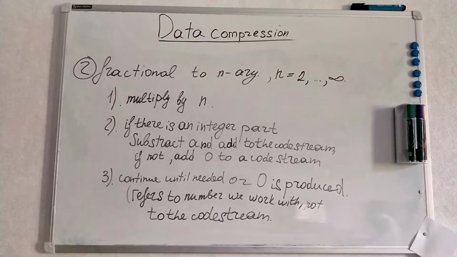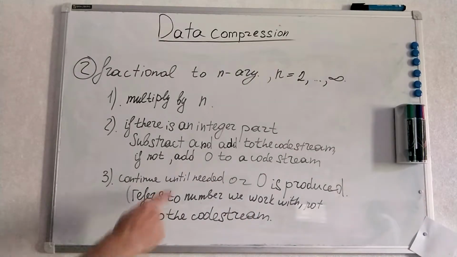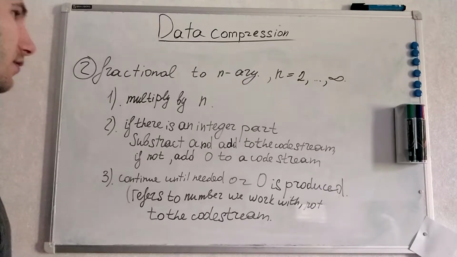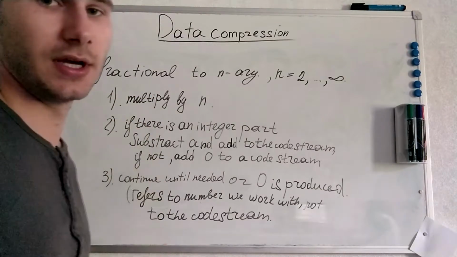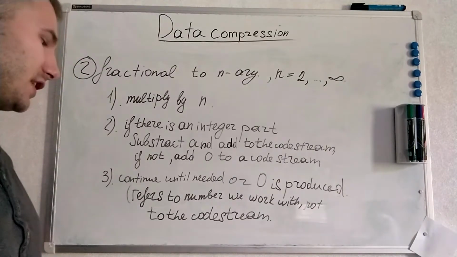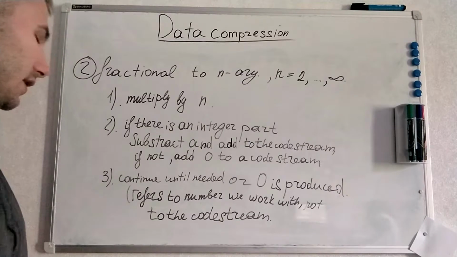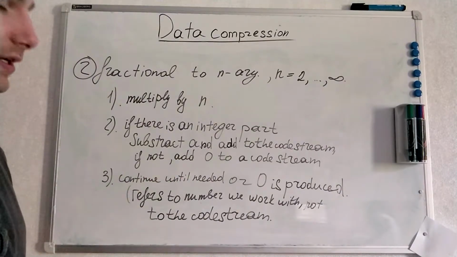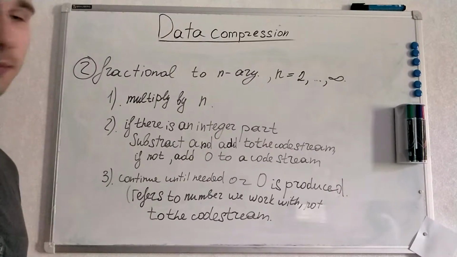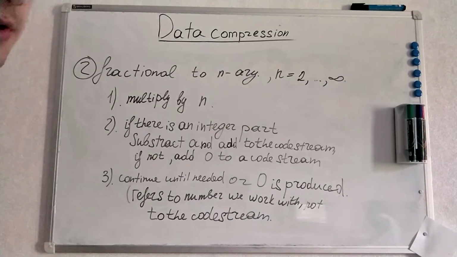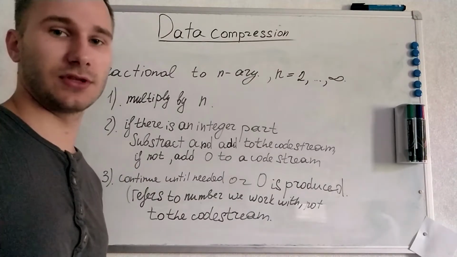We continue until needed, or if 0 is produced. What I mean here is that the result of transforming a fractional number into some system can be recursive, so it will never end. That's why we can continue until we need, for example, 5 last symbols, or if 0 is produced. I will give an example later and you will understand what that means.